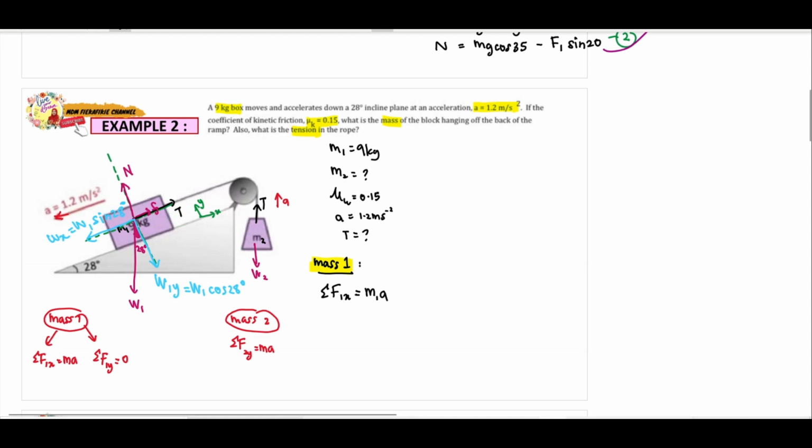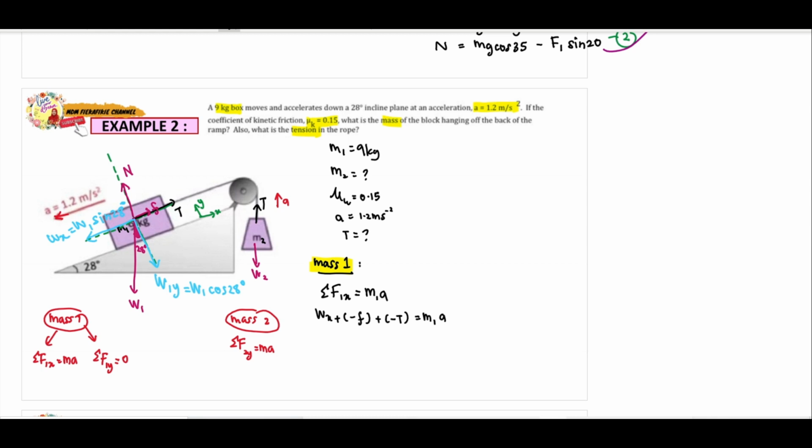Boleh? Okay. So, saya akan tulis positive Wx plus negative friction plus negative T equal to M1A. Itu saja force yang ada in X component pada M1.